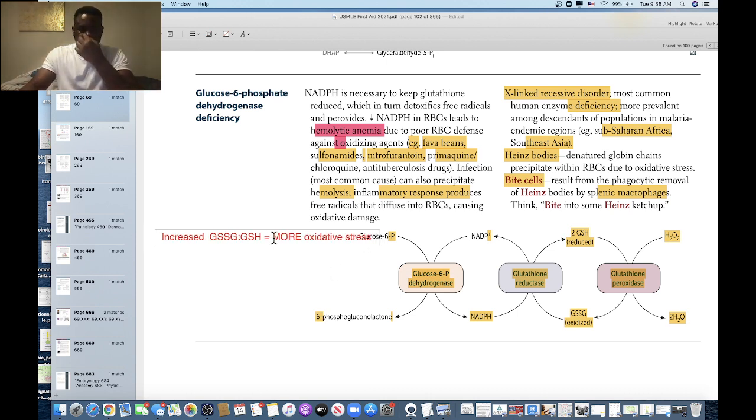Good, like that. So this is what you want to know: if we have increased this, it means there is more oxidative stress. Also, we can write it this way.